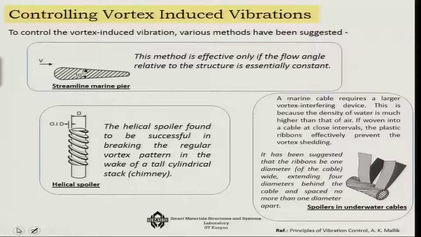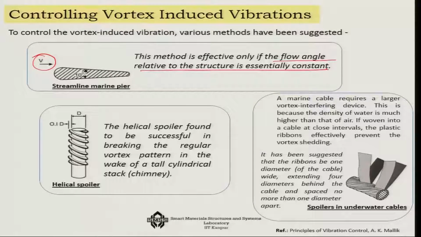Now, let us first talk a little more about the control of vortex induced vibration, how to control such vibrations. Well, if you have a uniform stream velocity, the flow angle relative to the structure should remain constant.